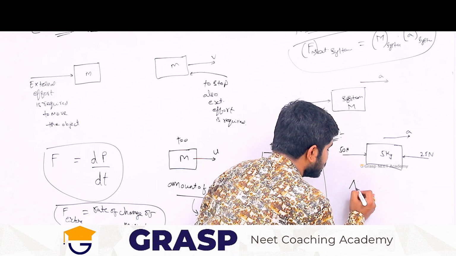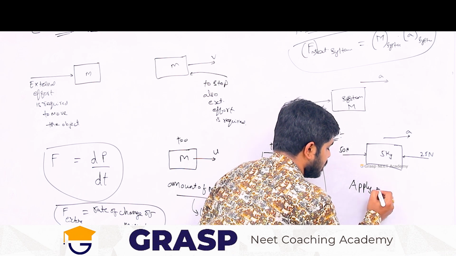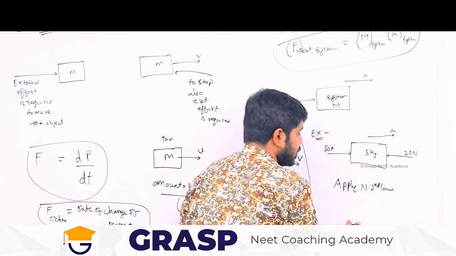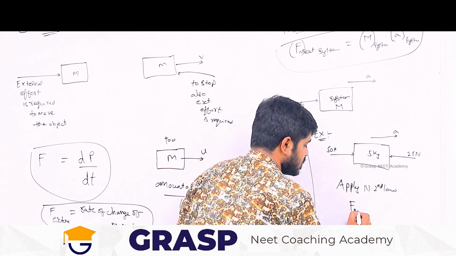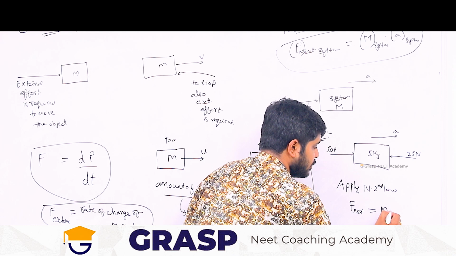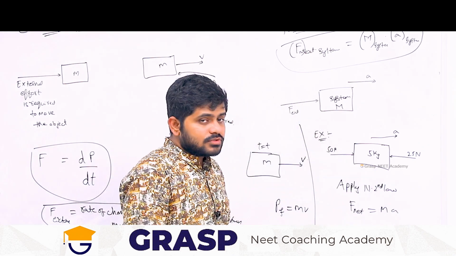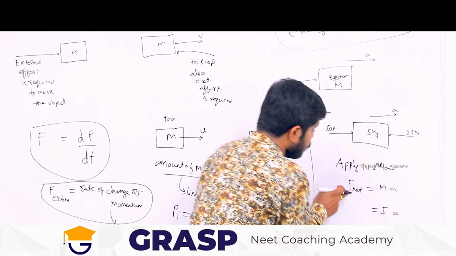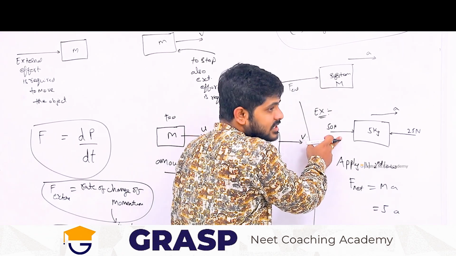Now apply Newton's second law for this. What is Newton's second law equation? F net is equal to m into a. Here the system mass is 5, and it is moving with an acceleration a. But what is the net force acting on this system?